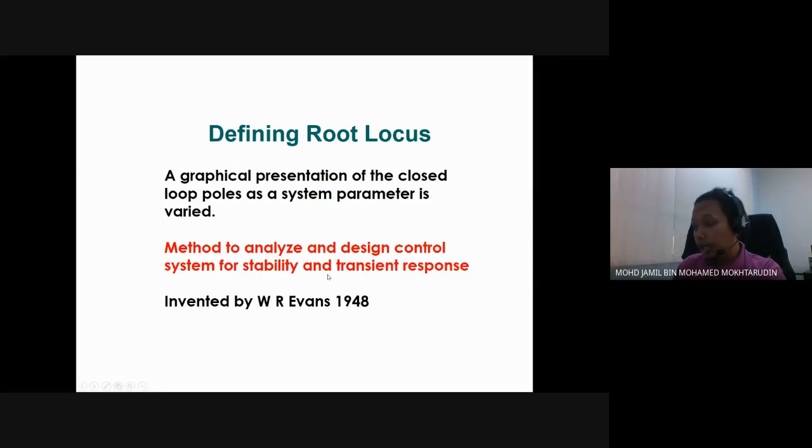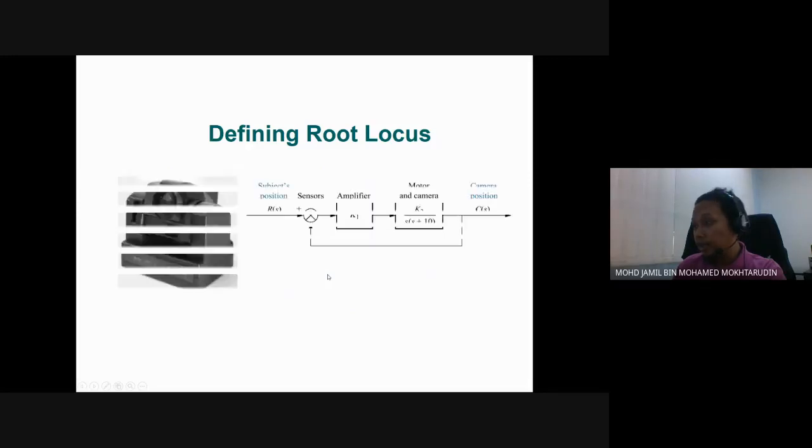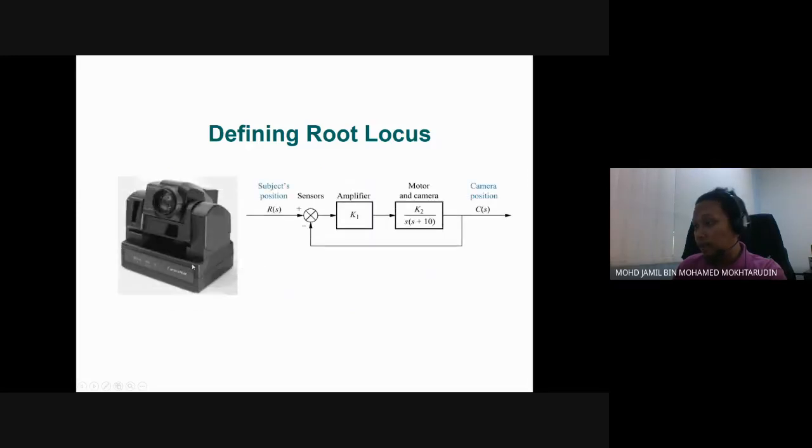Okay, so let's say you are given an example of a camera. So this camera, you can rotate the position here. The position is controlled by a motor, okay? So this is the transfer function of the camera. You have amplifier gain K1, and you also have the transfer function for the motor and camera.